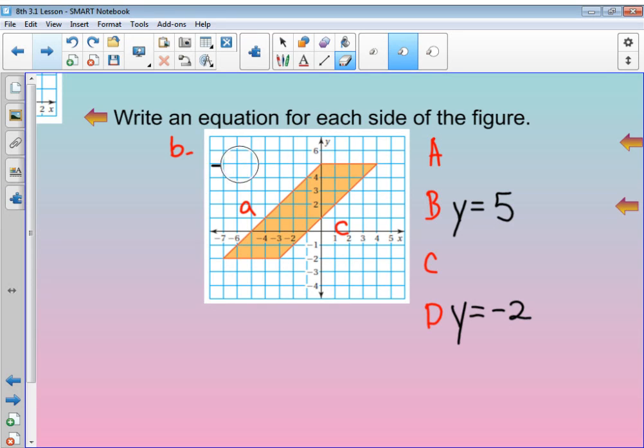I'm going to erase the stuff that I don't need here. So if I were to work off of side A, we're going to go ahead and do our y-intercept equation. So we've got our y equals, here's where our slope is. I know that I have to count that out yet, but I can see right away that it's crossing right here on the y-intercept. So I'm going to plug that part into my equation, and that is at +5.